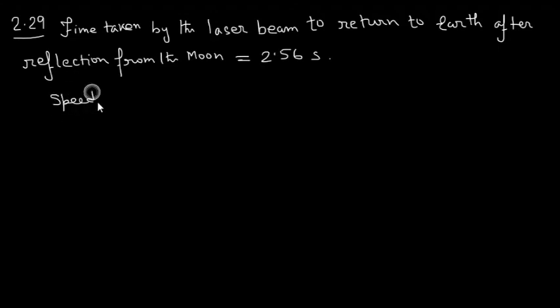Speed of light is equal to 3 into 10 to the power 8 meter per second.